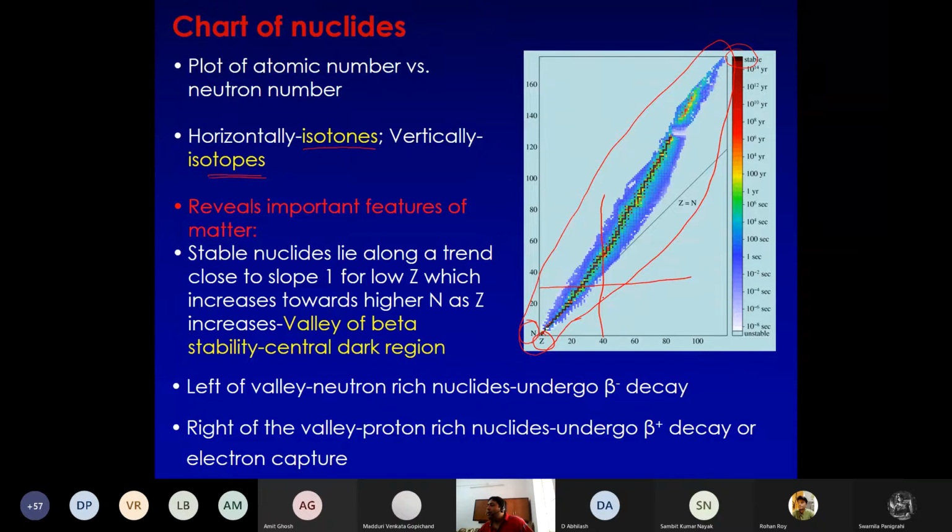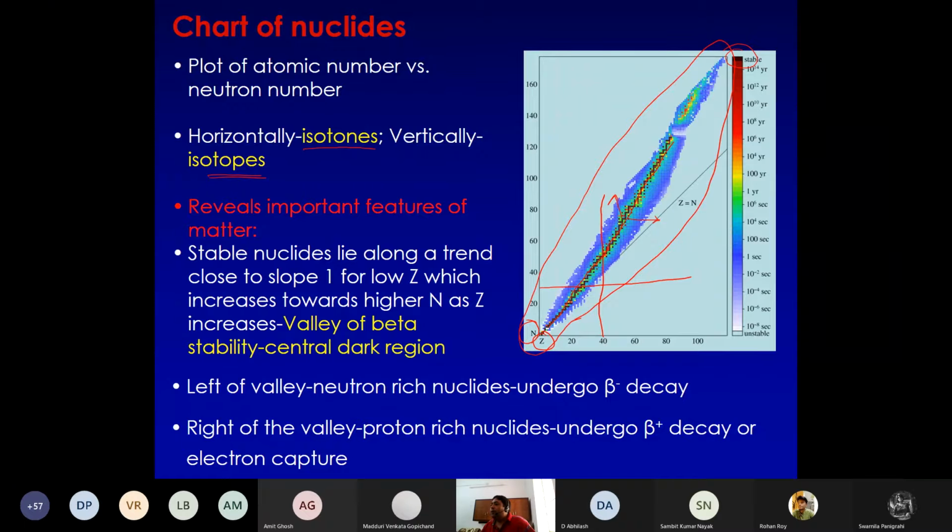So all the stable nuclides, this dark central part of the distribution of nuclides in the chart, this central region is occupied by the stable nuclides. If you move away from the center, either towards increasing atomic number or increasing neutron number, you have increasingly more unstable nuclei, that is, with much shorter half-lives.